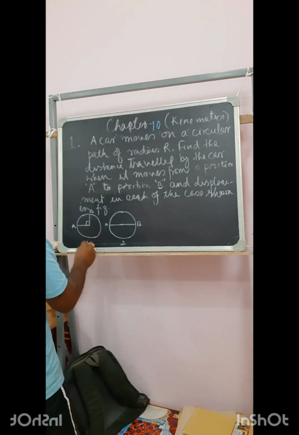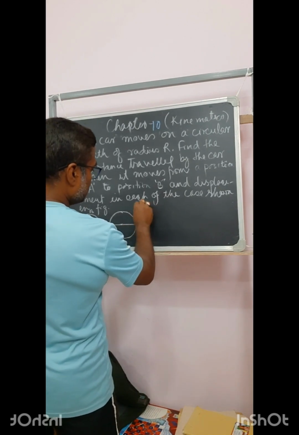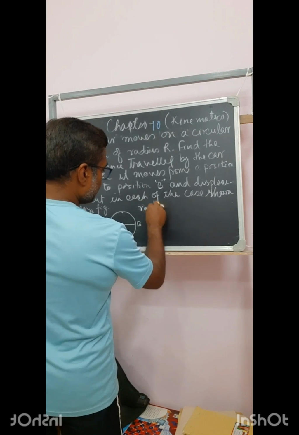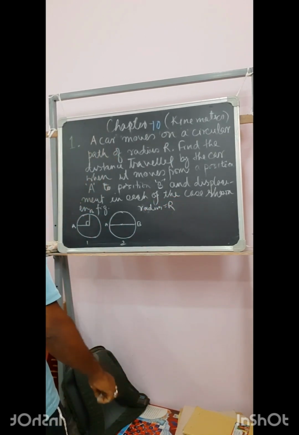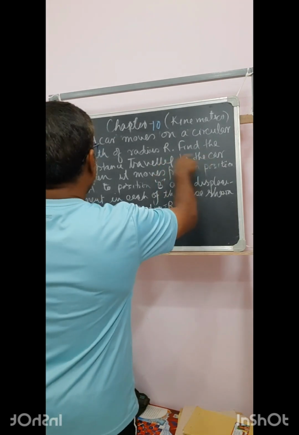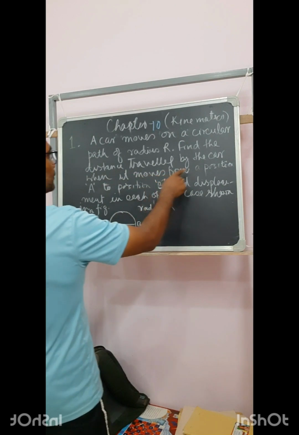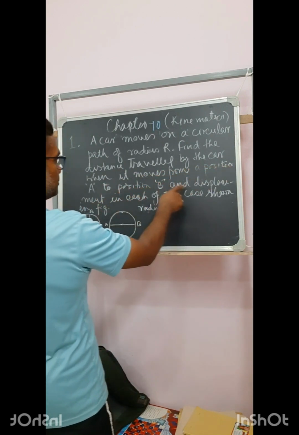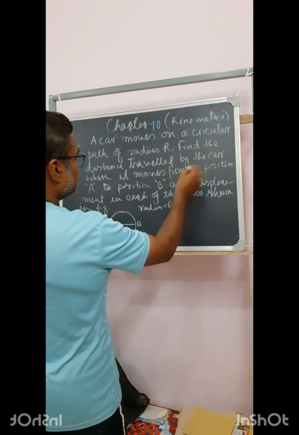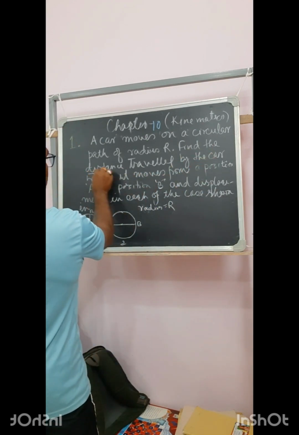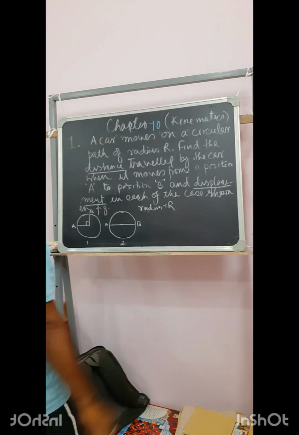This is having the radius, so I will take radius equal to r, and find the distance traveled by the car when it moves from position A to position B and displacement in each case. So both things you have to calculate, distance and displacement.